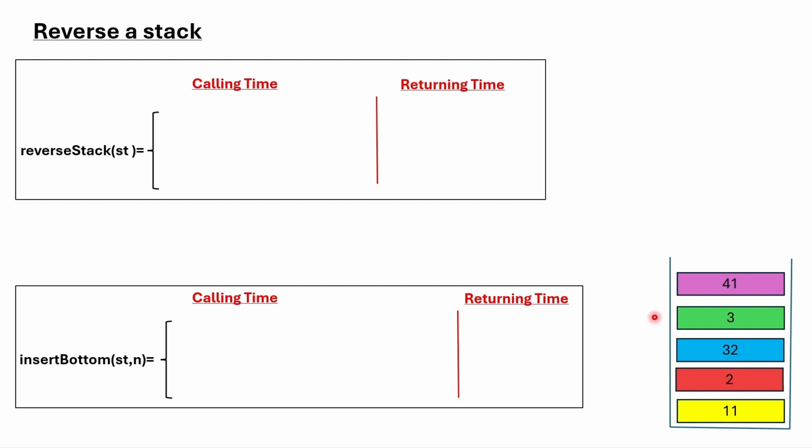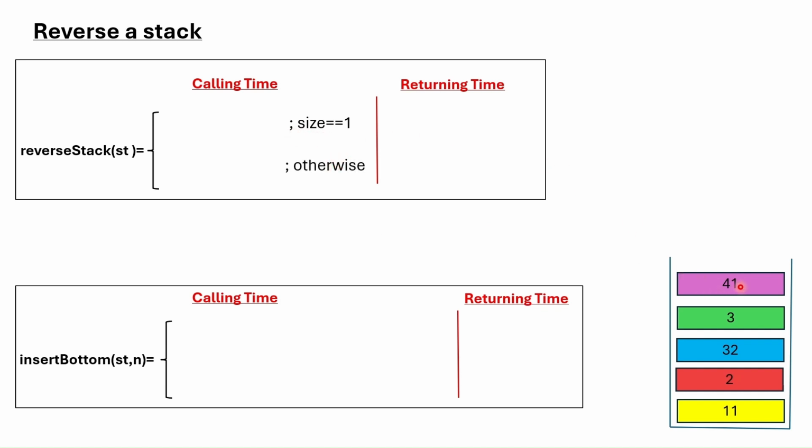So let us now look at how to reverse a stack, but this time we will observe each and every step. What we were doing is we keep popping the elements of the stack until its size is 1. So at each step, we check whether the size of the stack is 1 or otherwise.